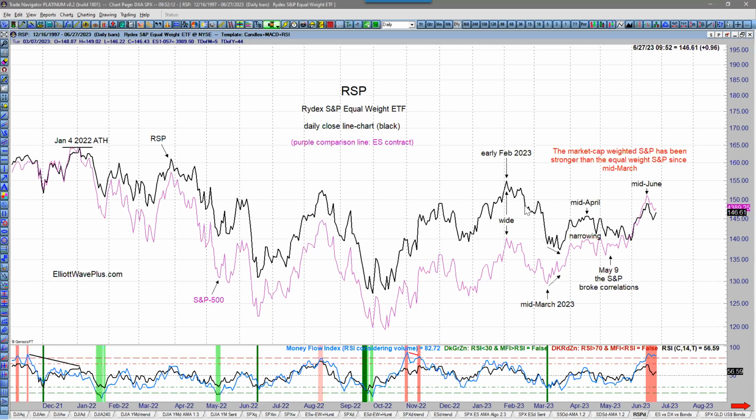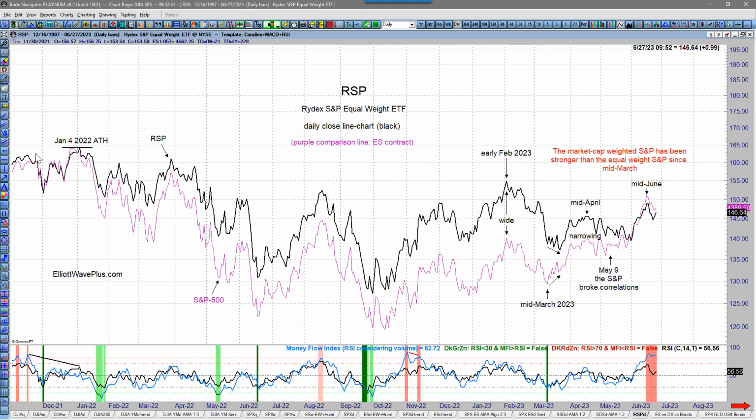And you can see that ever since mid-March, that low that occurred in the S&P on March 13, these two have been narrowing, and then for the first time in years, really the first time since the all-time high in 2022, we have the market cap weighted S&P moving higher than the equal weighted RSP.